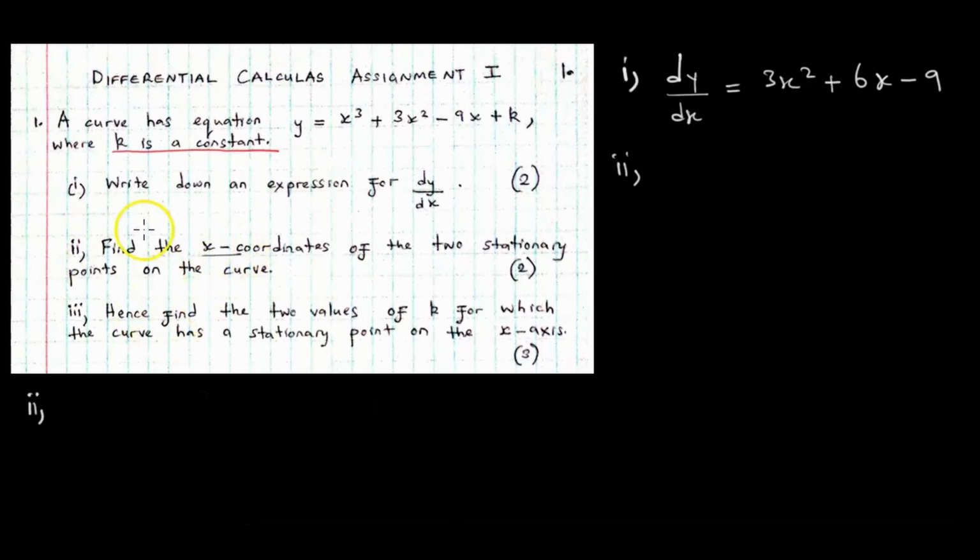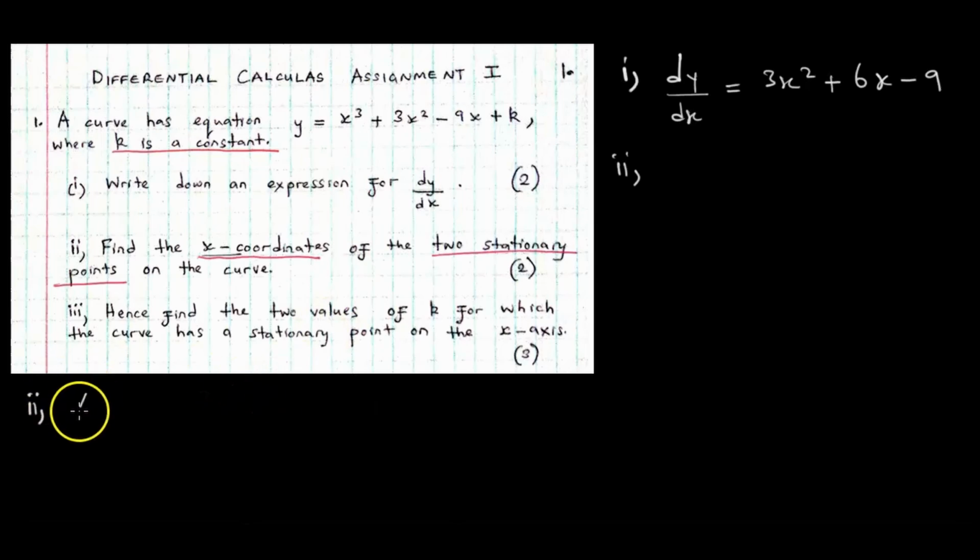Firstly, we are looking for x coordinates of what? The 2 stationary points. Actually, stationary points are what is important, on the curve. The moment we see stationary points, we should already know that we have to write this statement.